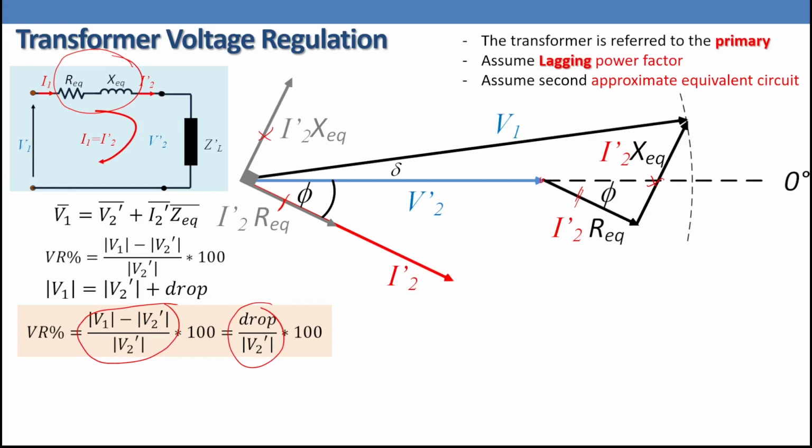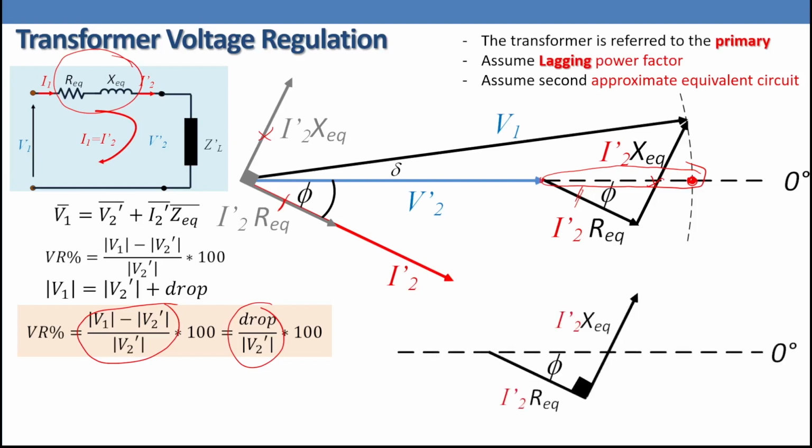So our target is to calculate a point like this one. Or if we succeed to calculate this part, which represents the drop, we can calculate the voltage regulation. So we are going to extract this triangle, and then we are going to calculate this part. So this is the angle phi, and if we have a line here, that one represents phi as well. So we make a projection to the horizontal axis.